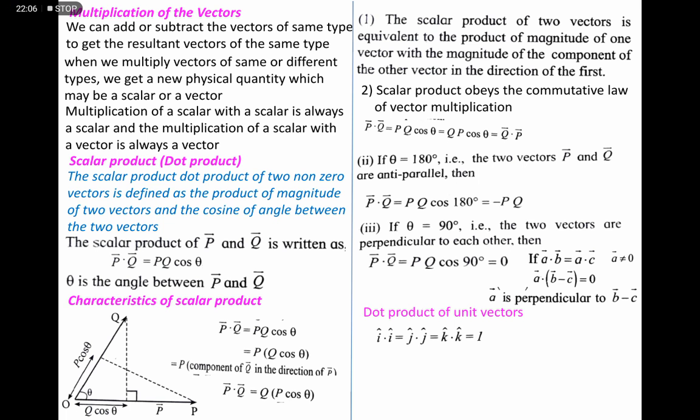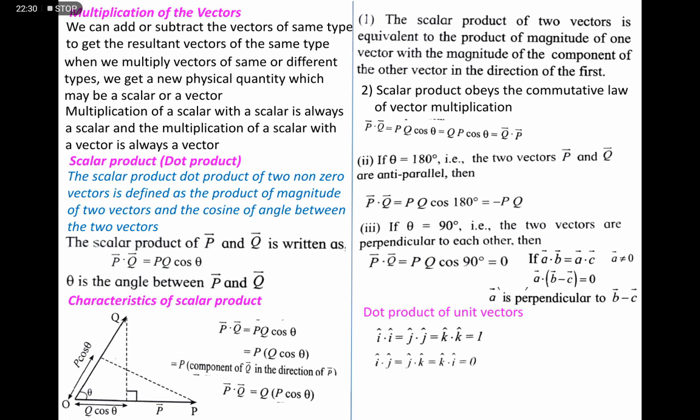This has to be kept in our mind. If we take the dot product of different unit vectors, i bar dot j bar, then definitely we'll write 0, because theta is 90 and cos 90 is 0. Therefore i bar dot j bar is equal to 0.